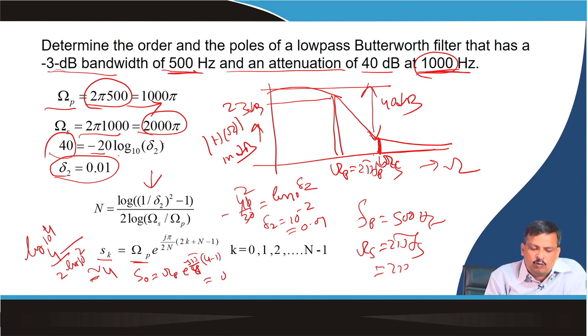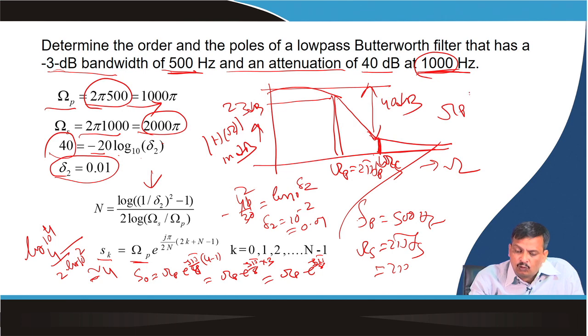So, it is omega p e to the power j pi by 8 into 3, which is omega p e to the power j 3 pi by 8, which is omega p into cos 3 pi by 8 plus j sin 3 pi by 8.